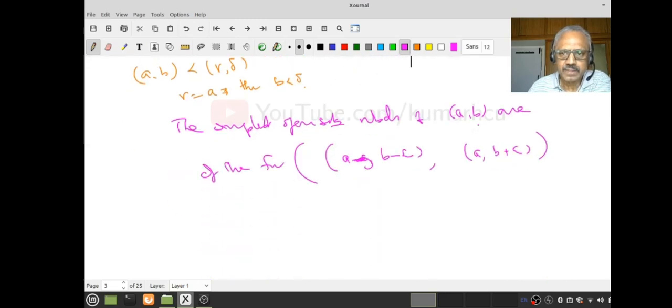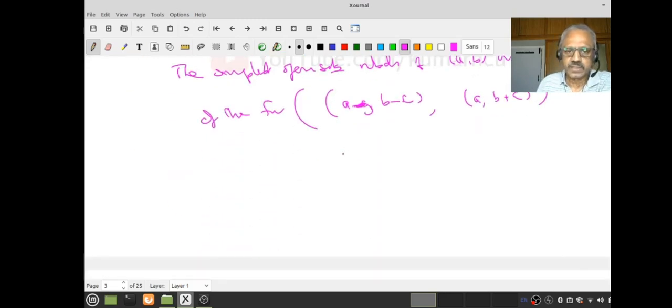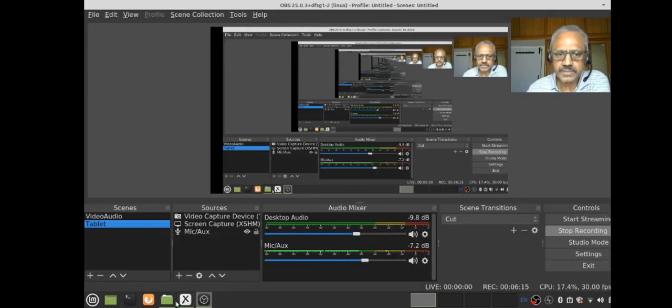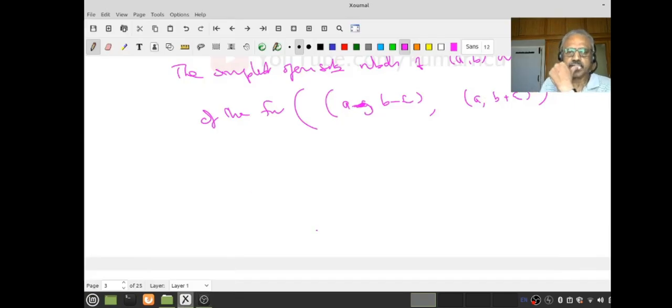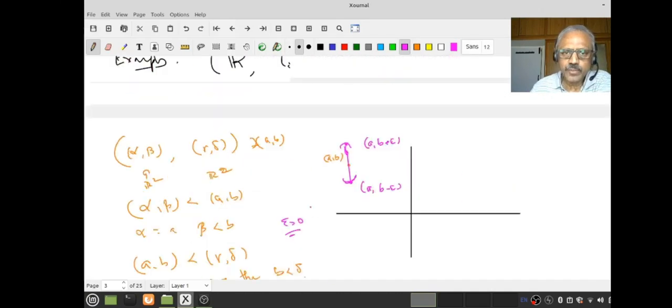Is that clear? Immaterial of what point I take, all I have to do is move around in the y direction a little bit back and forth. Then I get a basic or simplest open neighborhood of that point.